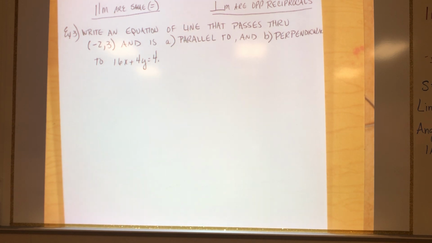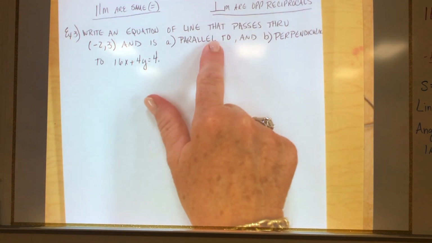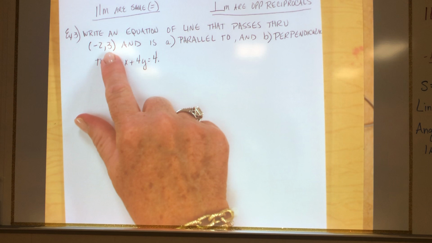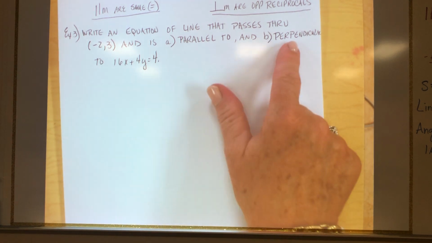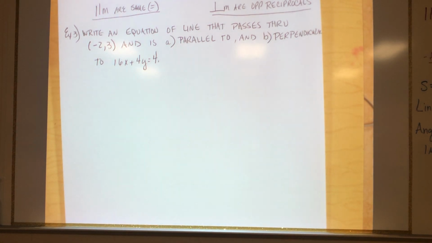All right, so here's my question. How many answers does this thing have? 2 answers. Okay? You're gonna write an equation of a line that's parallel to this line and passes through that point, and perpendicular to this line and passes through that point. All right?